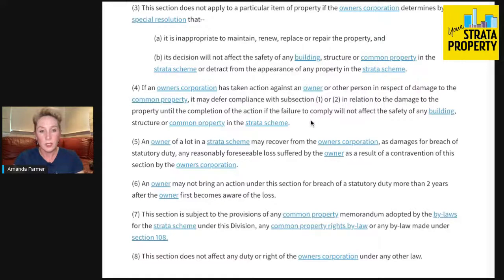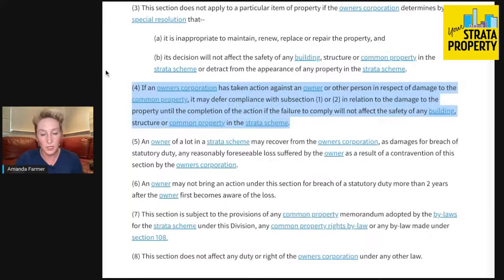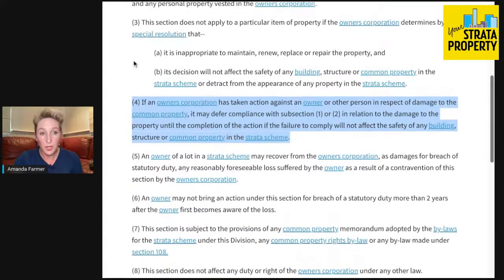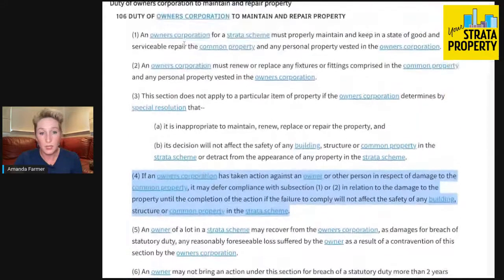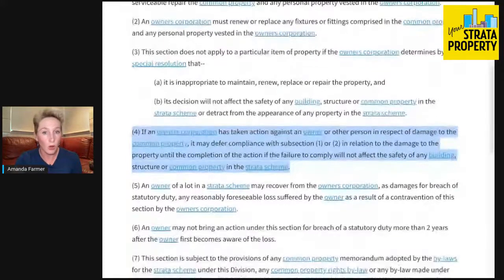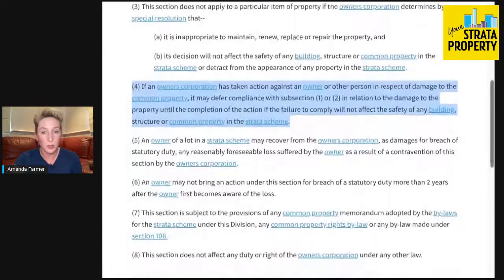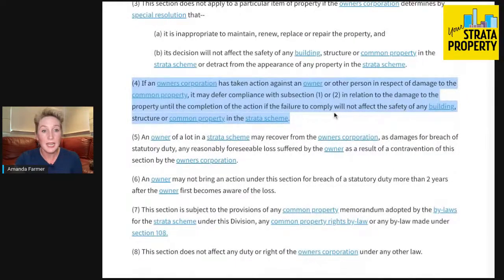So what this section is telling us is that an owners corporation can, in particular circumstances, not comply with its duty to repair and maintain the common property. It can defer or put on hold its obligation if it has taken action against an owner or another person in respect of damage to the common property.